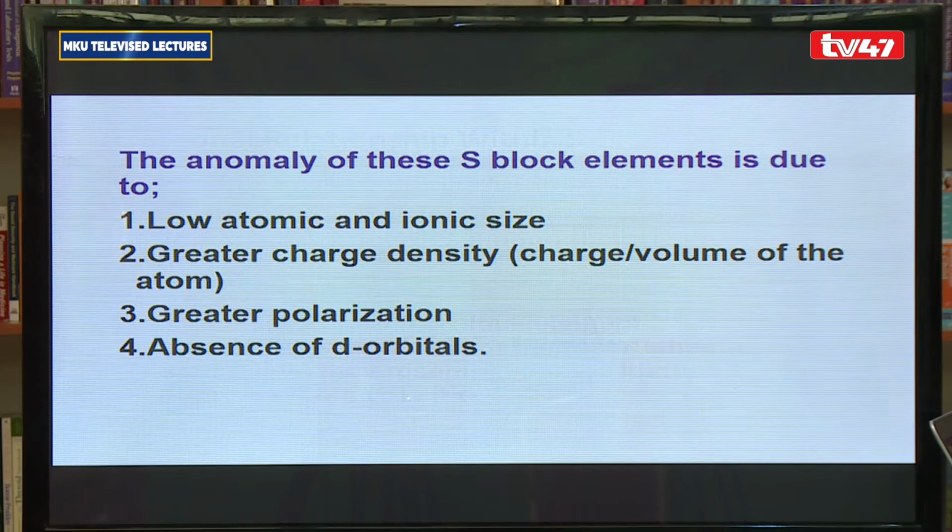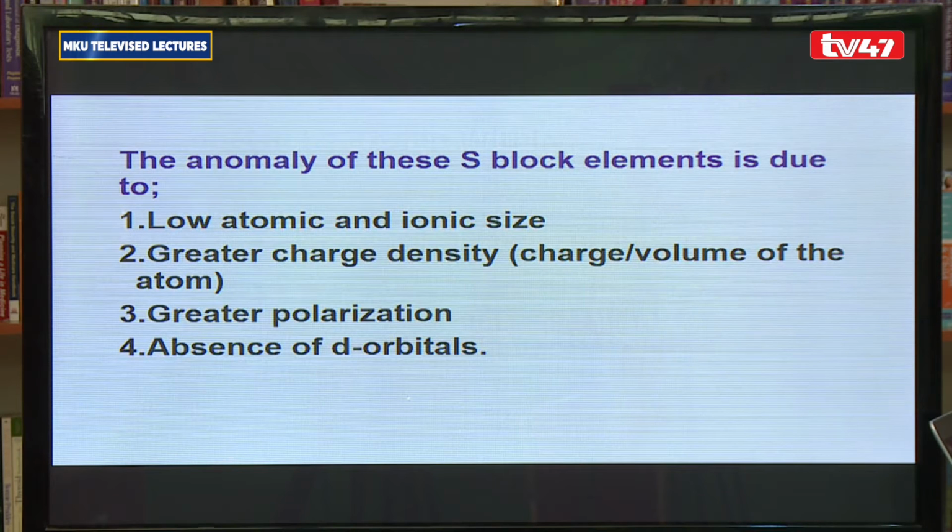The reason why the first elements of a group, be it group 1, 2, 3, 4, 5, 6, 7, differ from the rest of the members is because the first element normally has low atomic and ionic size.